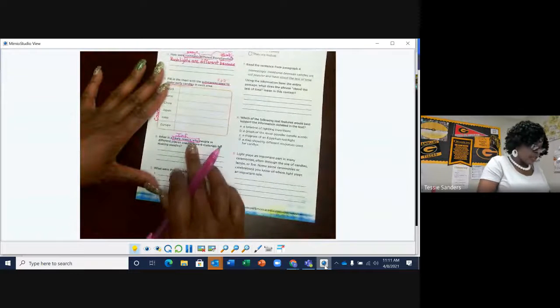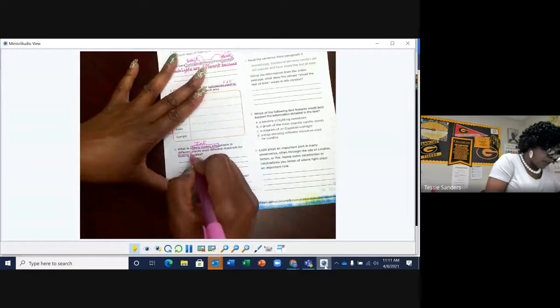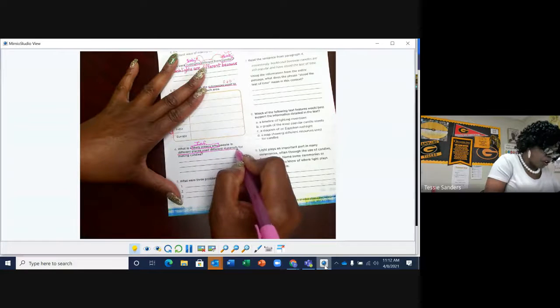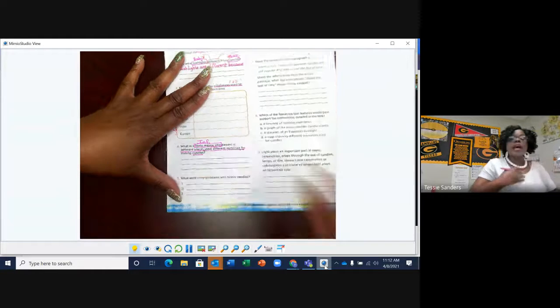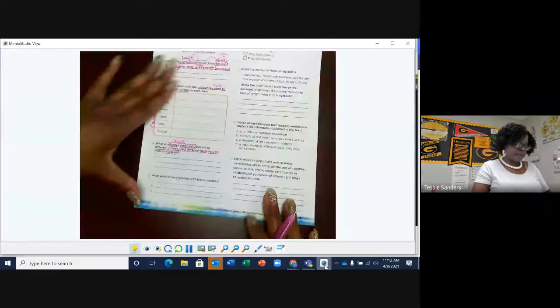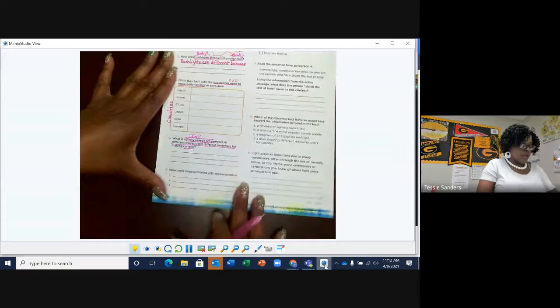A likely reason why people in where? Different what? Places use different materials for candles. So your question should look like mine. How are we going to start out this short answer response?